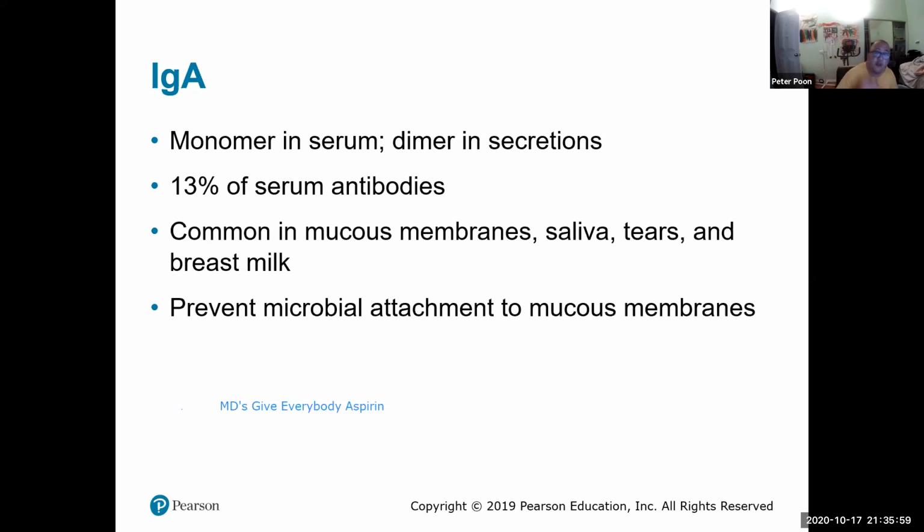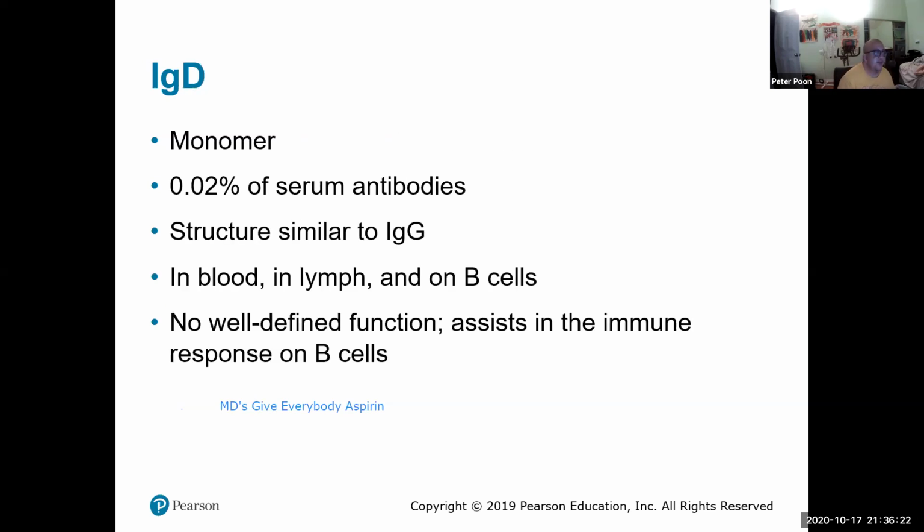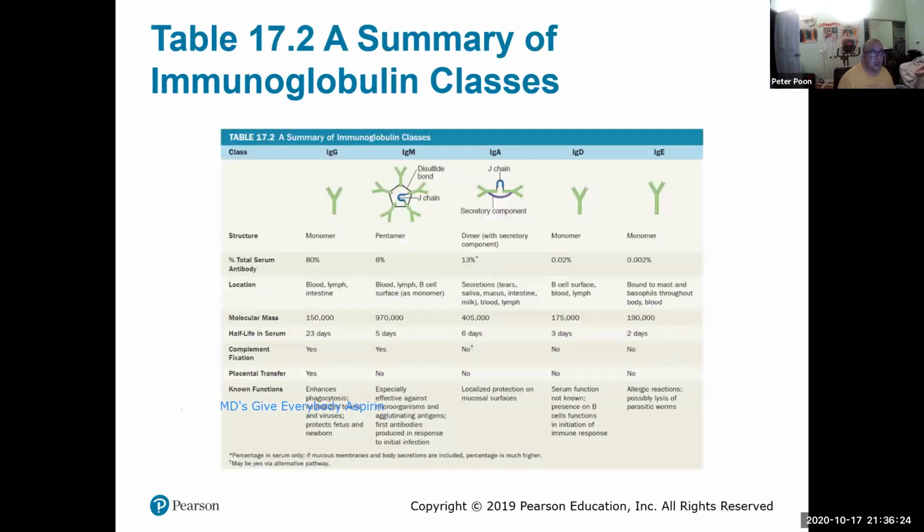It goes outside the body. It goes in your GI tract, in your mucous membranes, and in your saliva. It also comes out in breast milk. So when breastfeeding, you're providing IgA to your child.